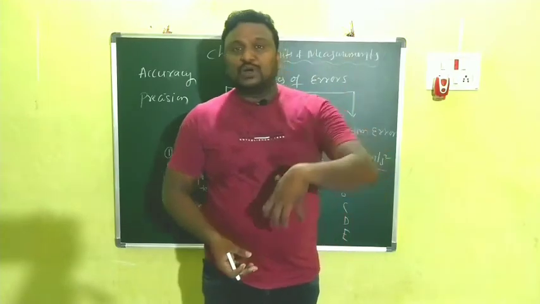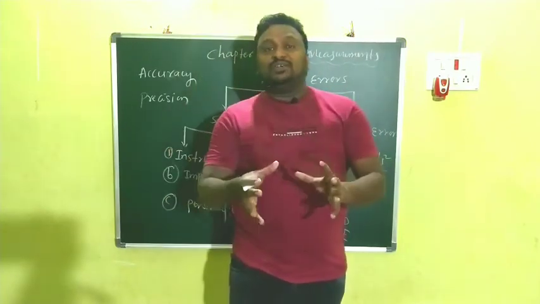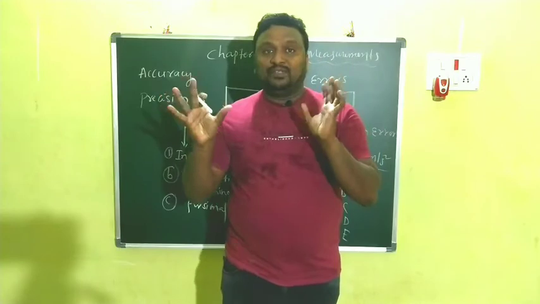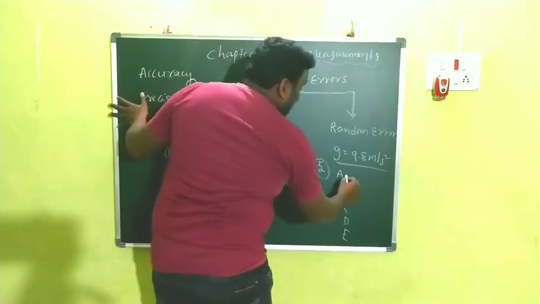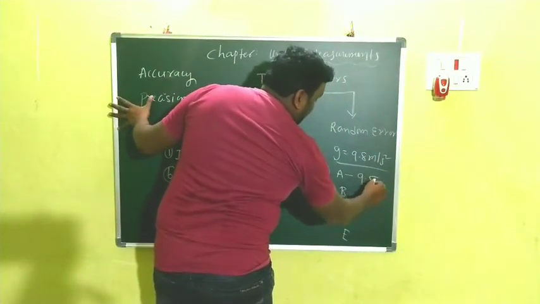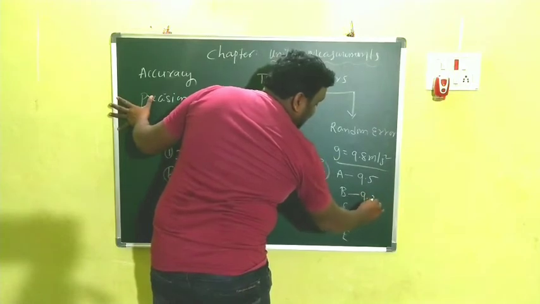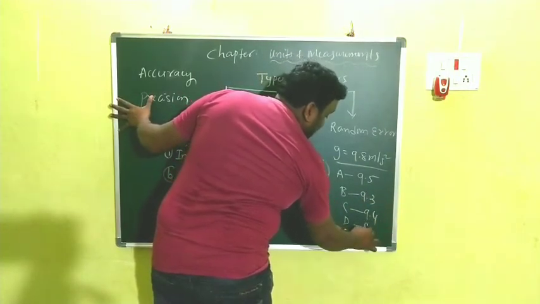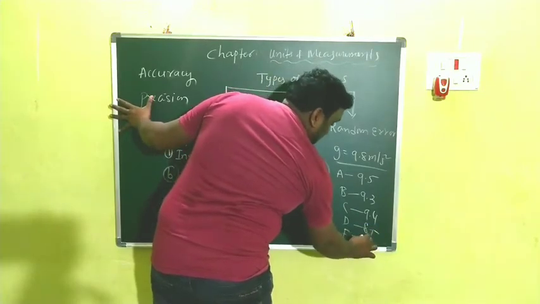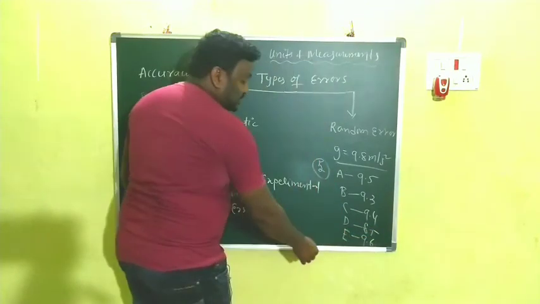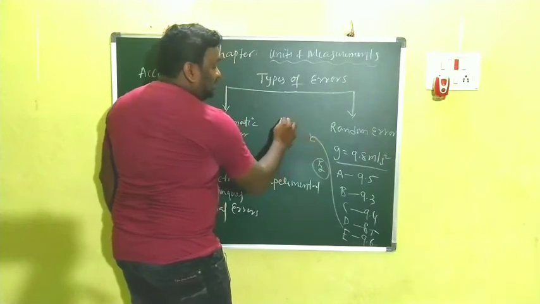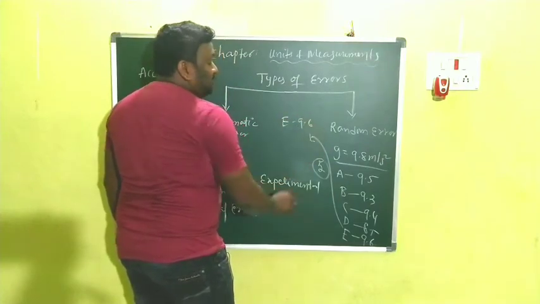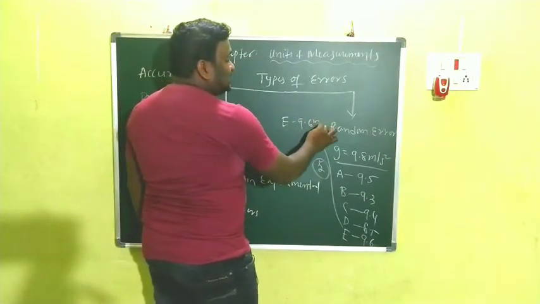After completion of the experiment they conclude the value that they find. For example, A calculated 9.5, B calculated 9.3, C calculated 9.4, D calculated 8.5, and E calculated 9.6 meter per second square.